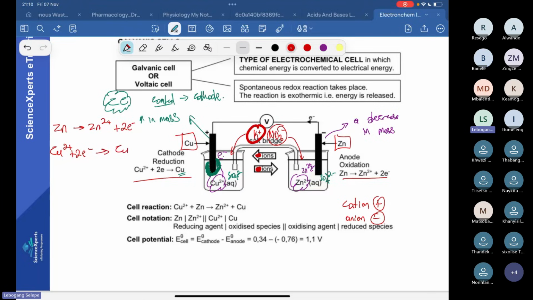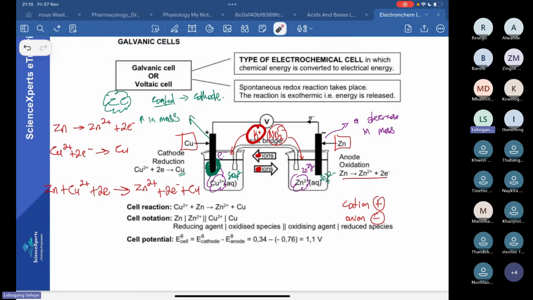So adding the two, we're going to have Zn plus Cu2+ plus 2 electrons on the left-hand side, giving us, on the right-hand side, Zn2+ plus 2 electrons plus Cu.